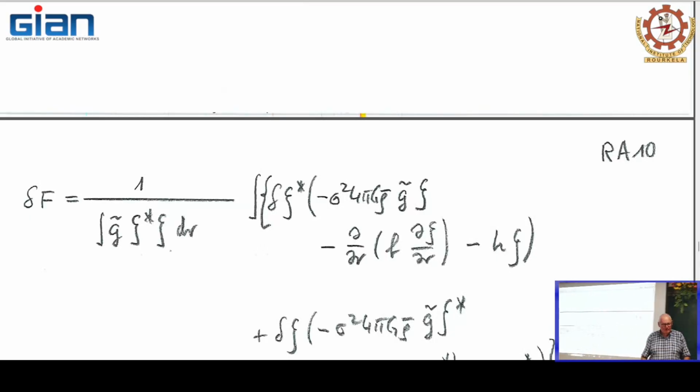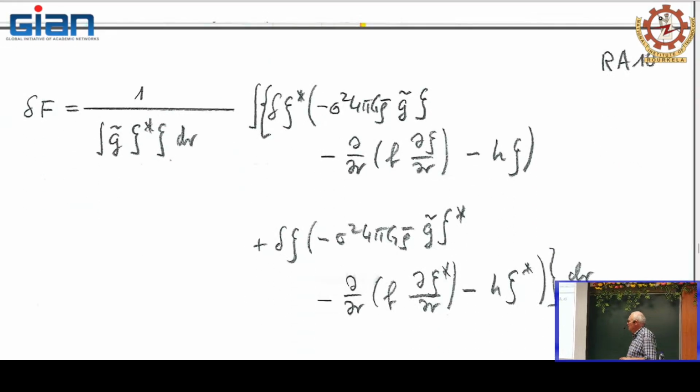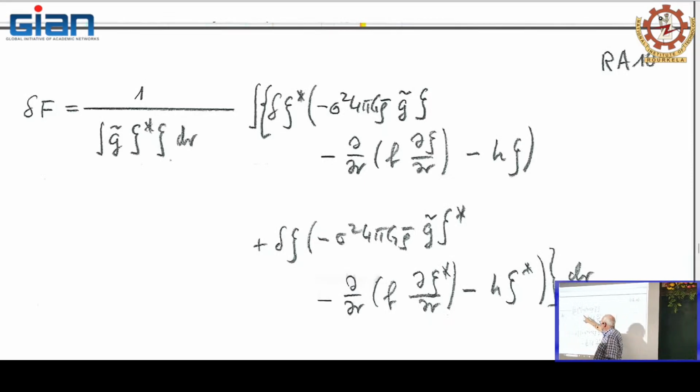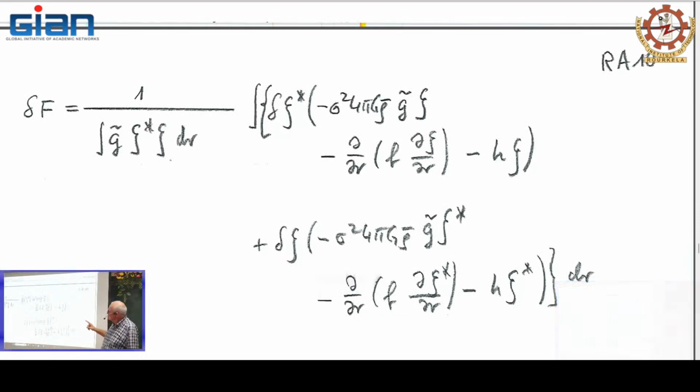So what is left on the denominator here is two terms involving either delta zeta star or delta zeta, and the factors which have to be multiplied with this are minus sigma squared times 4 pi g mean density. That comes from inserting for parts of the integrals the functional f of zeta itself times g tilde times zeta minus d by dr, actually no, f d zeta by dr minus h zeta.